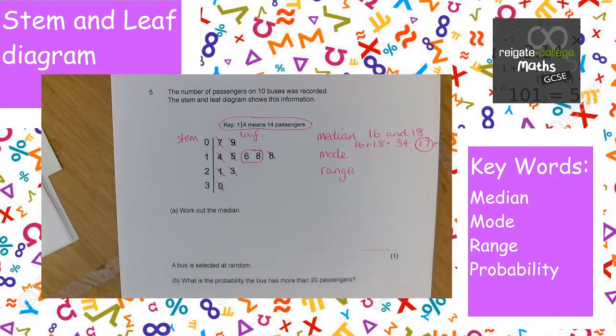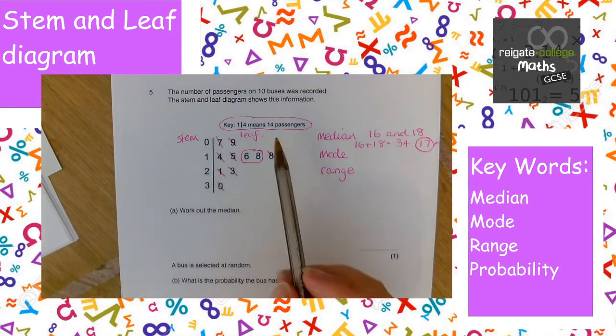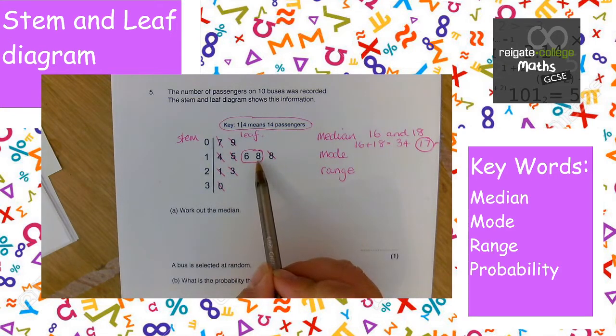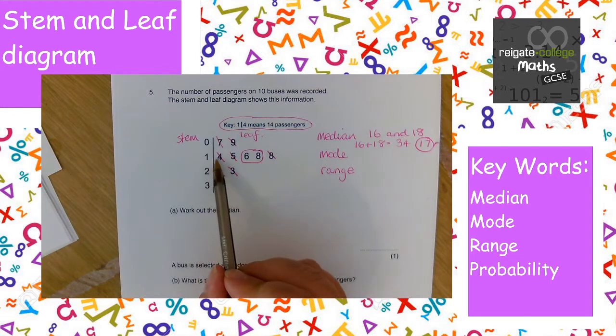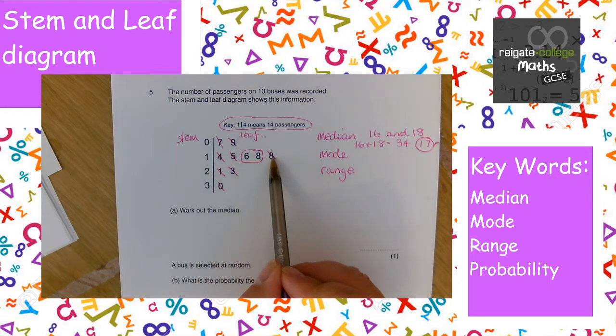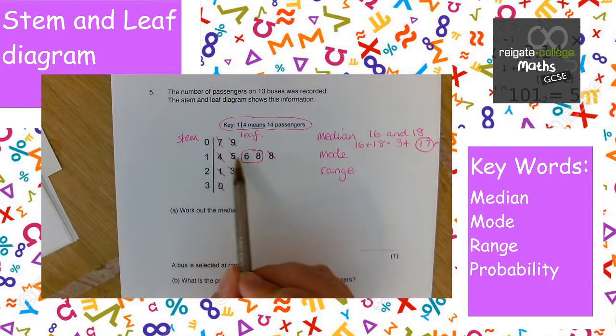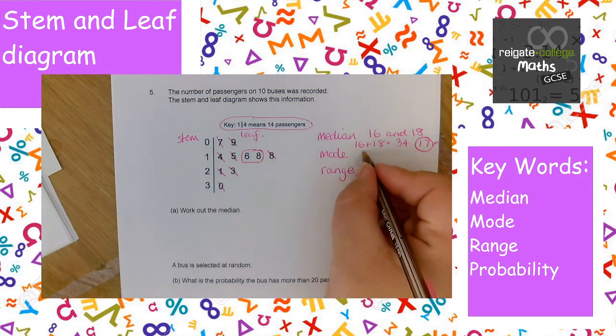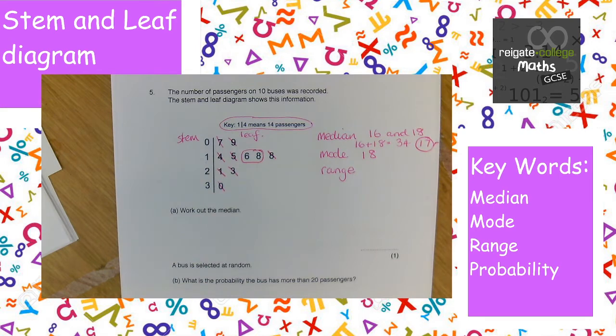The median is 17. The mode is the number that comes up the most, and we can see through the working that these 2 numbers on this particular line come up the most. So we have to read those numbers as 18. The mode is 18.